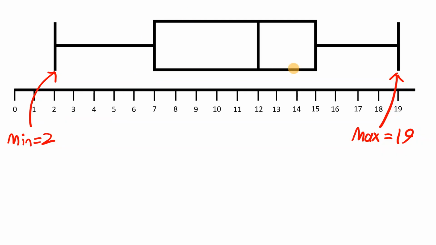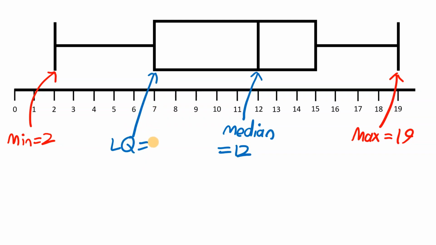And then we have this box here where this line here represents the median, which is equal to 12, and then we have this here which represents the lower quartile, which you can see is equal to 7, and then we have this here which represents the upper quartile, which you can see in this case is equal to 15. So this is the information that a box plot tells you.